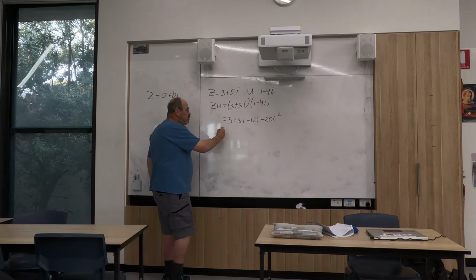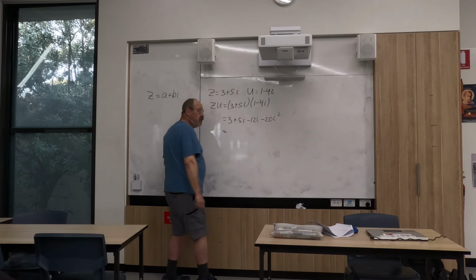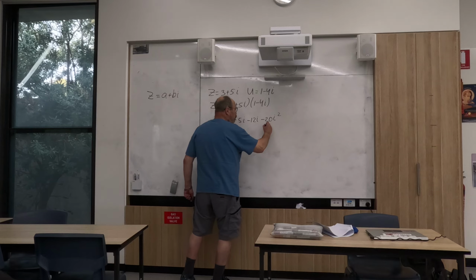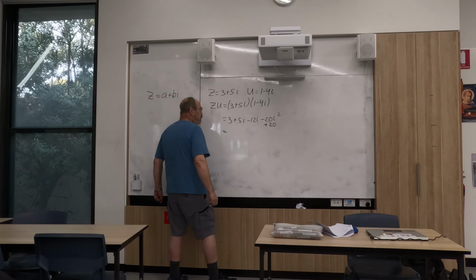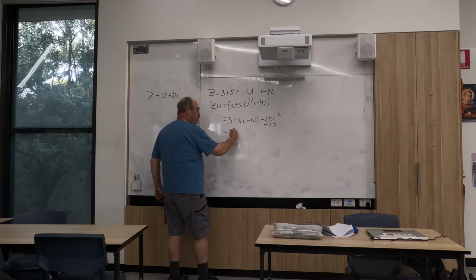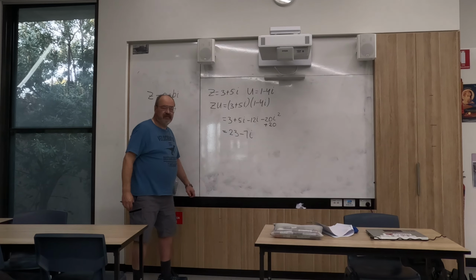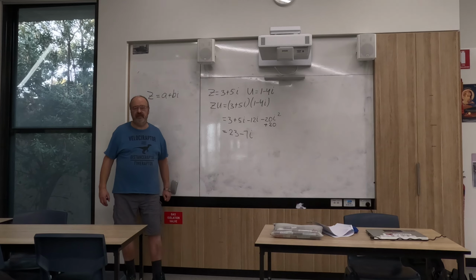Collect like terms, and i squared is negative 1, so this becomes plus 20, so we have 23 minus 7i. Pretty straightforward.